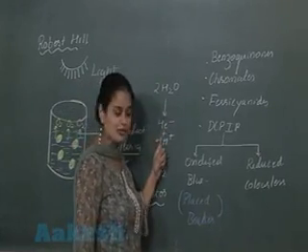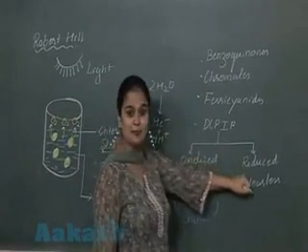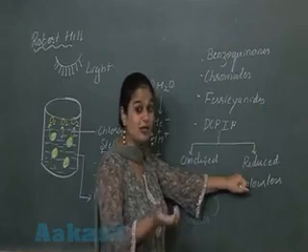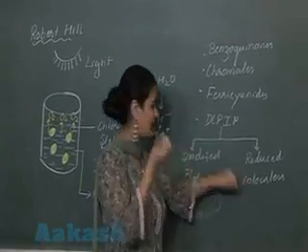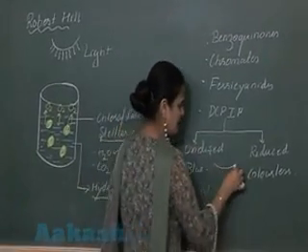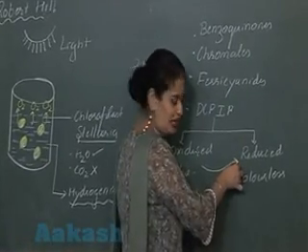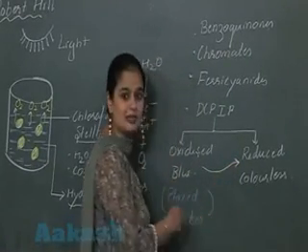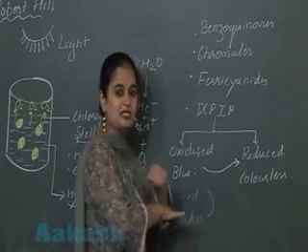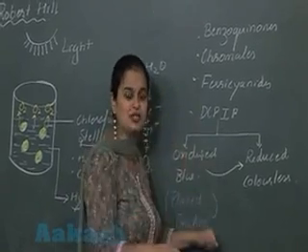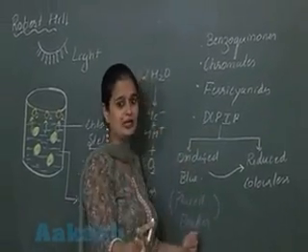The electrons, the hydrogen ion, they are accepted by the DCPIP because it is a hydrogen acceptor. और जैसे ये reduced होगा, तो reduced होने की वजह से now the blue color is lost and the solution in the suspension, it will turn colorless.